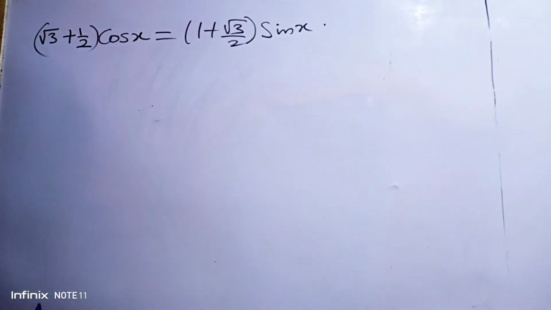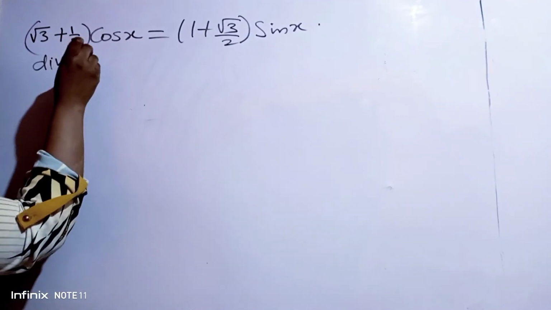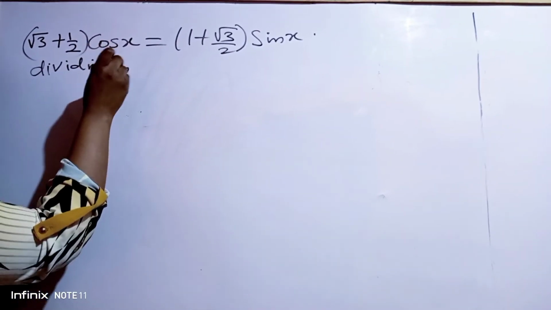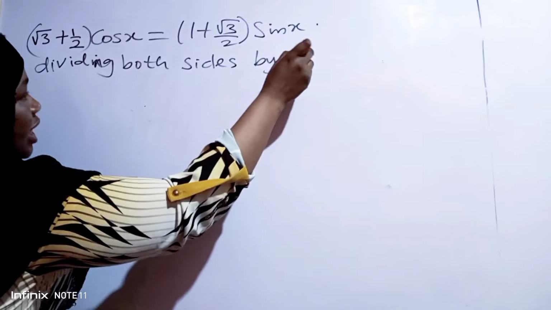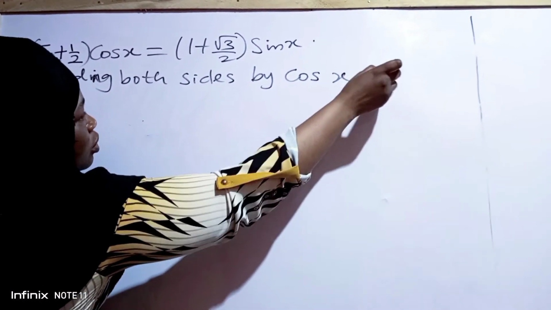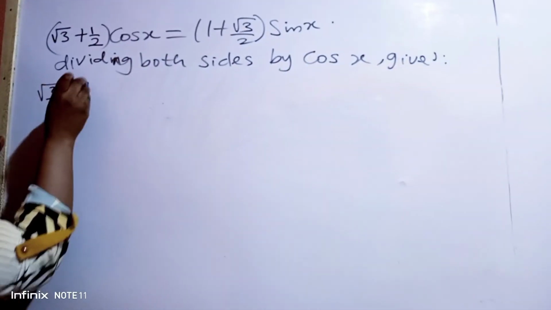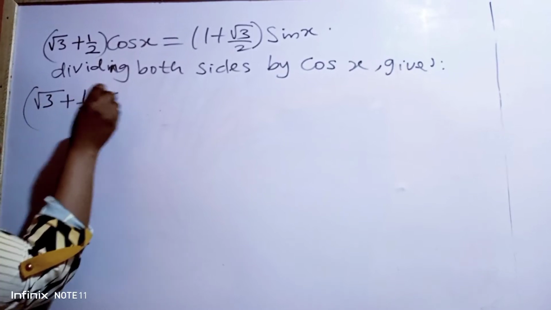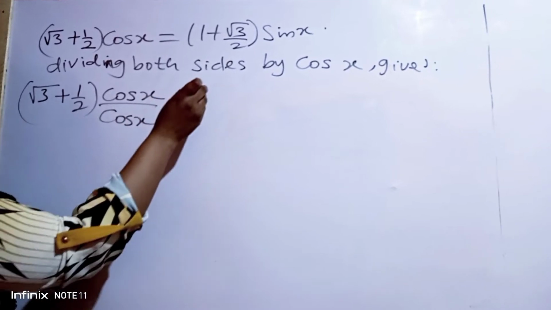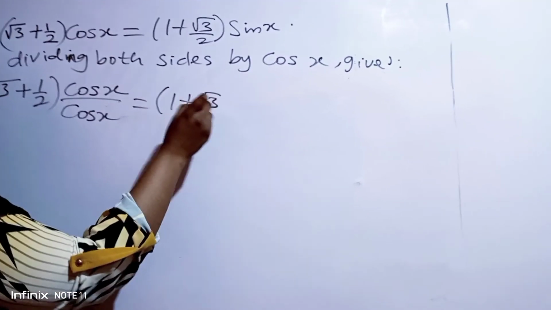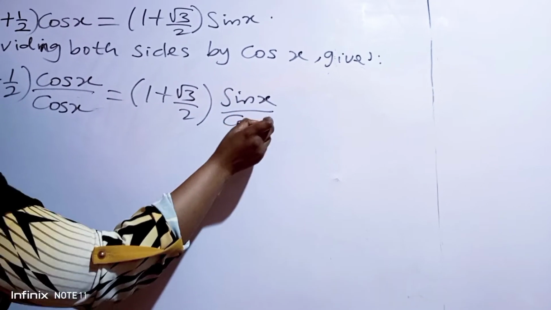So from here now, we can divide both sides by cos x. Dividing both sides by cos x gives the following equation. So root 3 plus 1 over 2 into brackets, cos x divided by cos x will be equal to 1 plus root 3 over 2, then sine x divided by cos x.